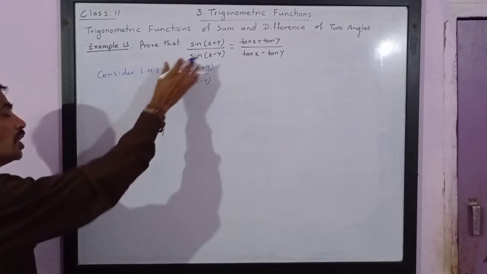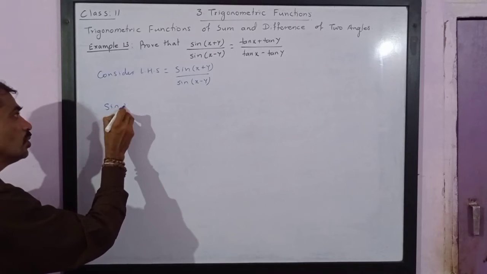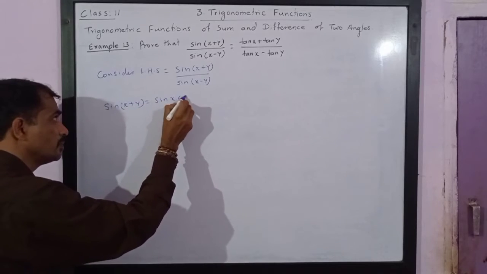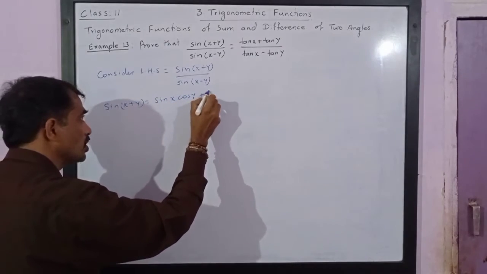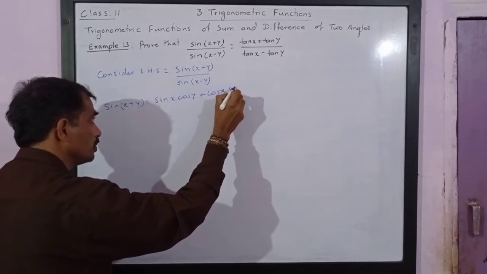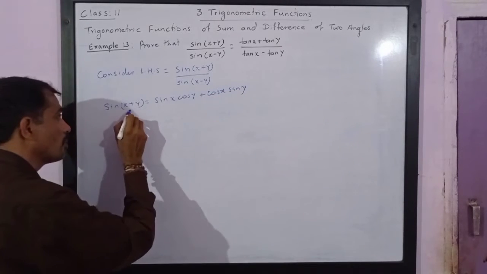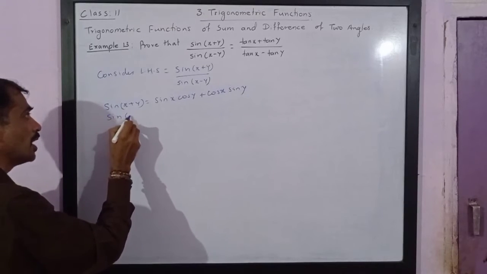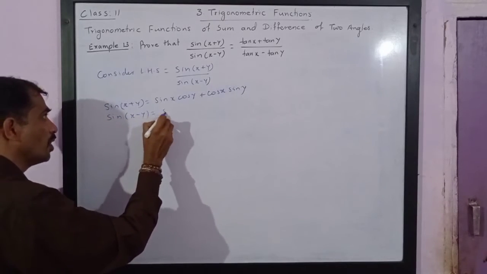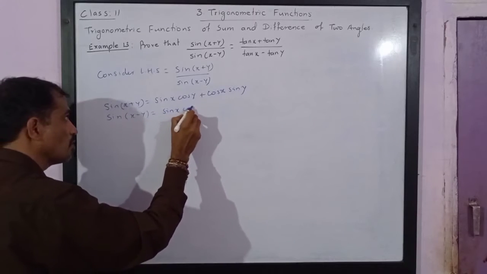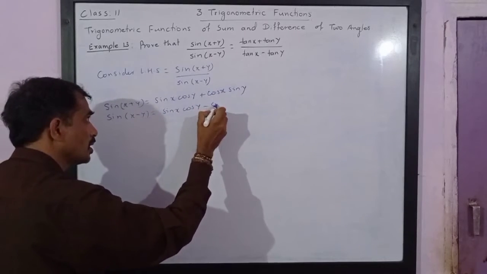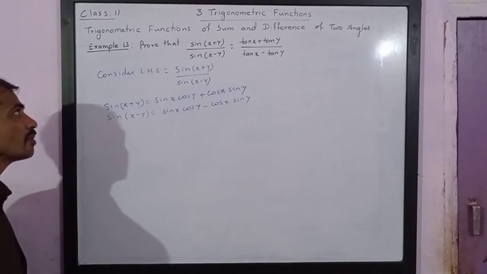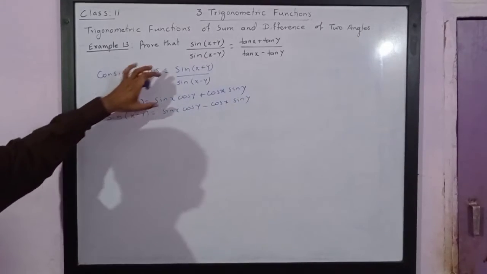Dear friends, for this we have the identity: sin of x plus y is equal to sin x cos y plus cos x sin y. Please note, for plus it is plus in the case of sin, and sin of x minus y is equal to sin x cos y minus cos x sin y. Only the sign changes.